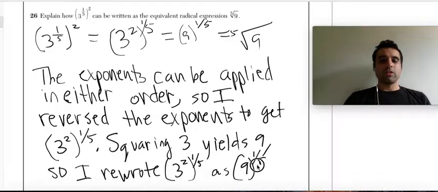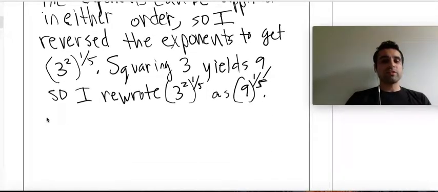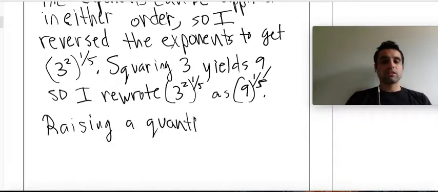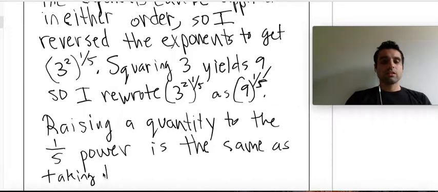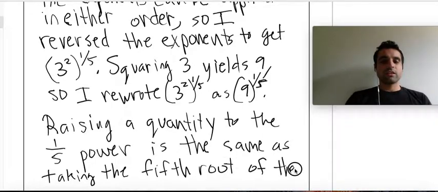And then the last part is that raising to the 1/5 power is the same as taking the 1/5 root. Raising a quantity to the 1/5 power is the same or equivalent to taking the 5th root of that quantity.